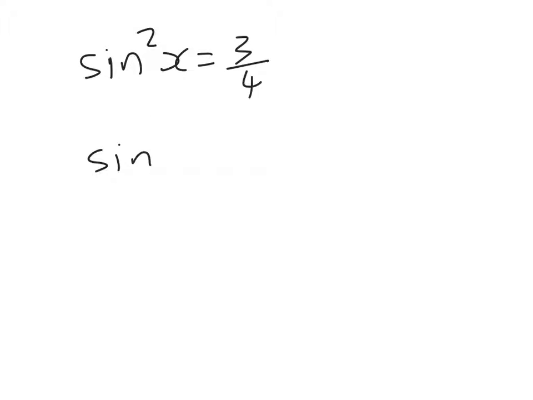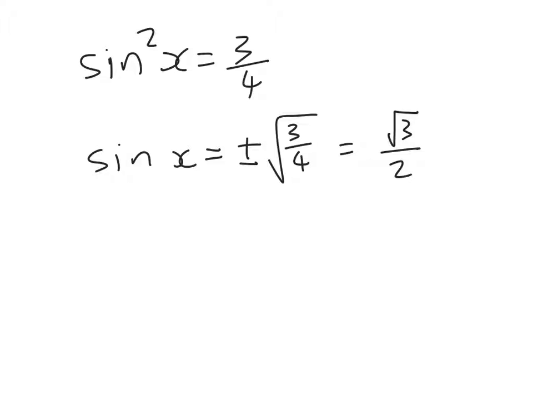So sine of x is going to be equal to plus or minus the square root of that, which is equal to root 3 on 2, or negative root 3 on 2.